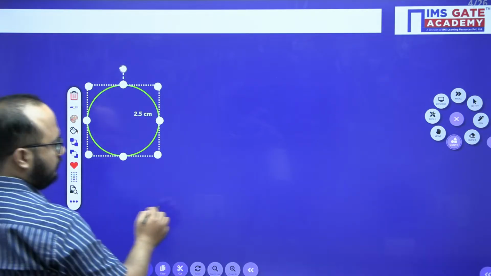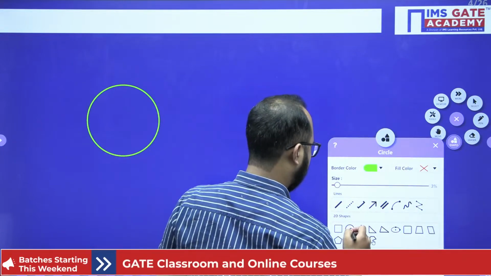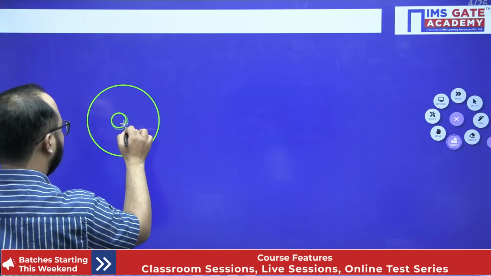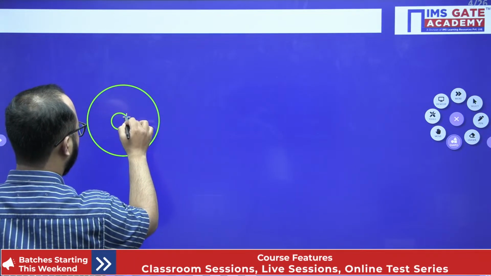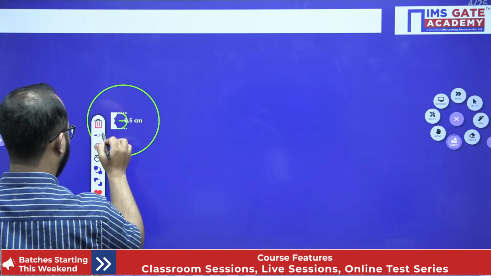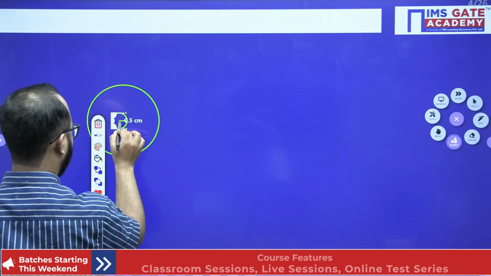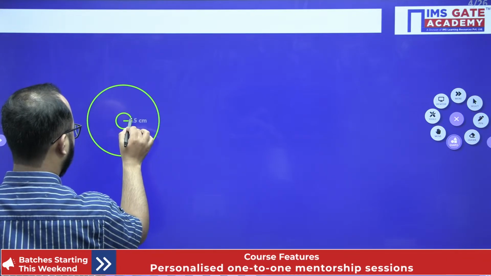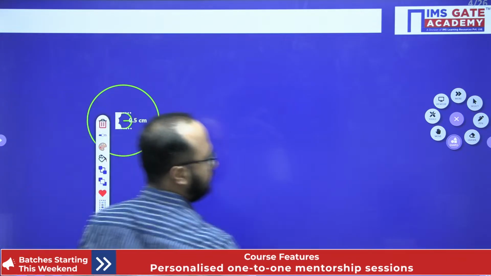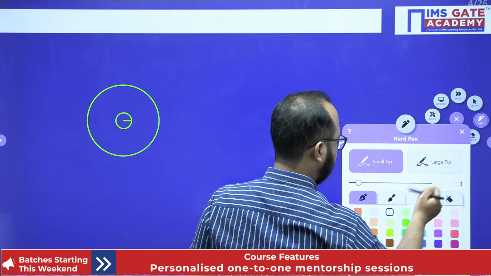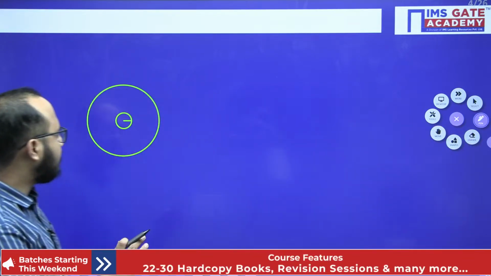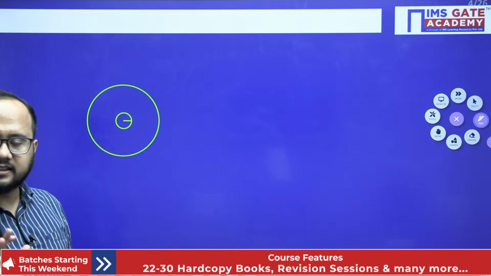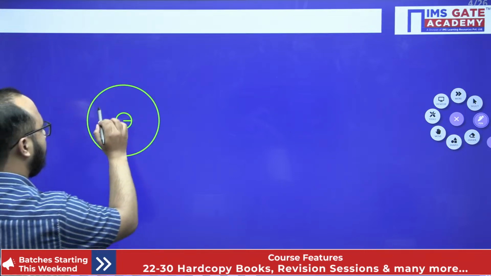Let's suppose your plate is like this. This is the plate having a circular hole.